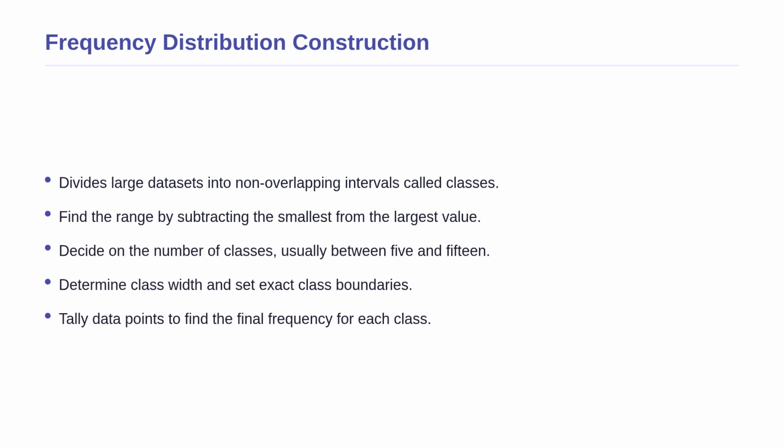First, we find the range of the data by subtracting the smallest value from the largest value. Next, we decide on the number of classes we want, usually between 5 and 15. Then, we determine the class width, set the exact starting and ending boundaries for each interval, and finally, tally our raw data to get the final frequency.